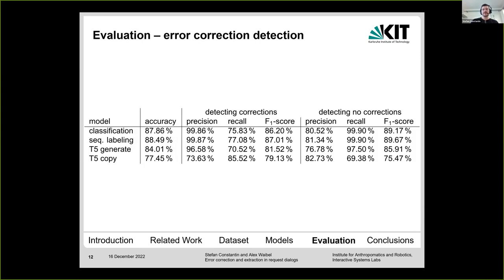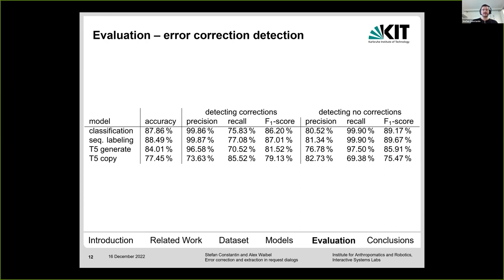For the error correction detection, the best approach is the sequence labeling approach with an accuracy of 88.49%. That means 88.49% of the inputs are correctly classified. The F1 score for detecting corrections is 87.01%, and the F1 score for detecting no corrections is 89.67%.